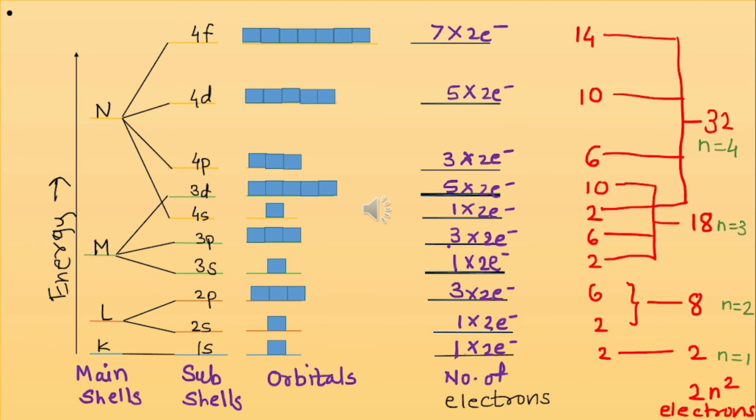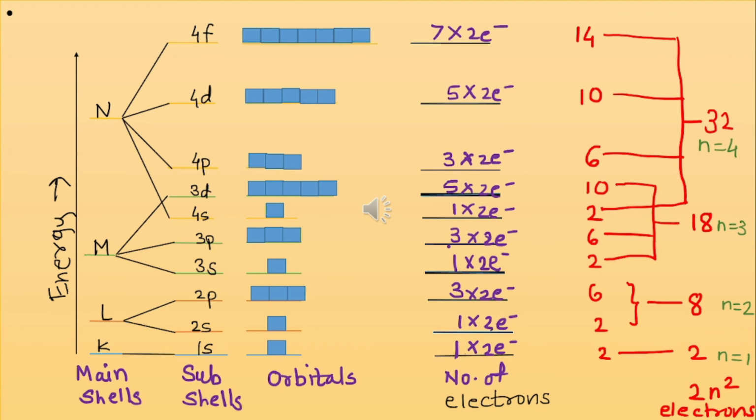The next main shell is the N shell, that is having principal quantum number n equal to 4. It is having 4 subshells, that is 4s, 4p, 4d and 4f. 4s has one orbital with 2 electrons. 4p is having 3 orbitals and can have 3 times 2, that is 6 electrons. 4d is having 5 orbitals and can have 5 times 2, that is 10 electrons.